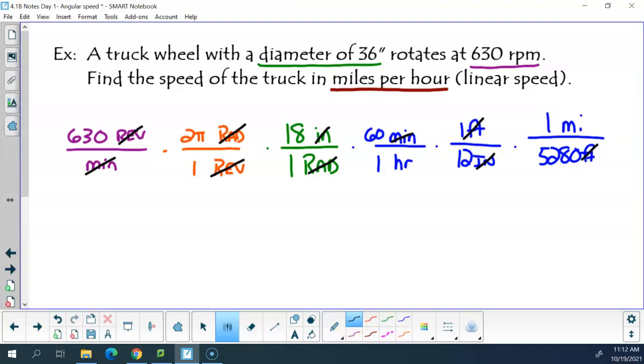Do we agree? Yeah, I agree. Okay. So that tells me that we've got 630 times 2 pi times 18 times 60 times 1, all divided by 12 times 5,280.